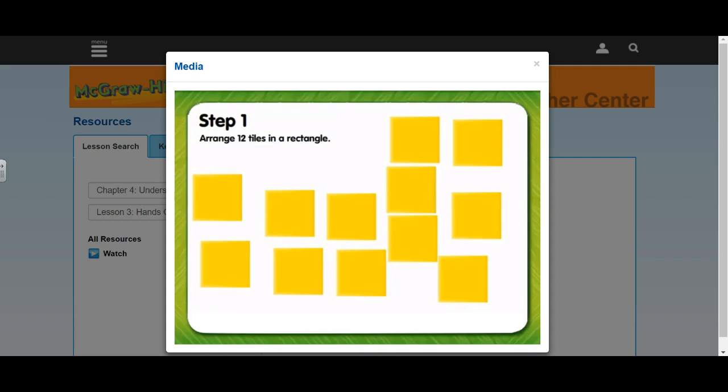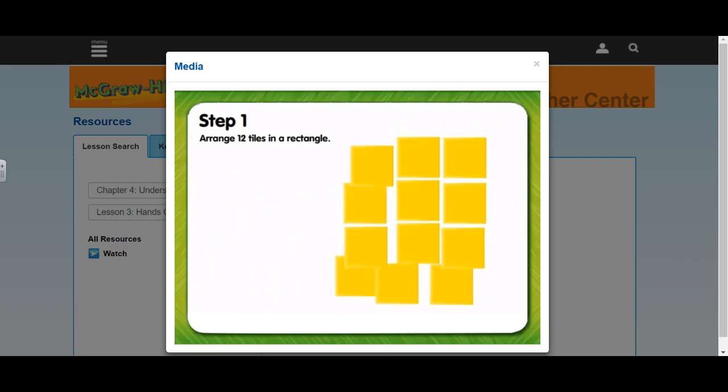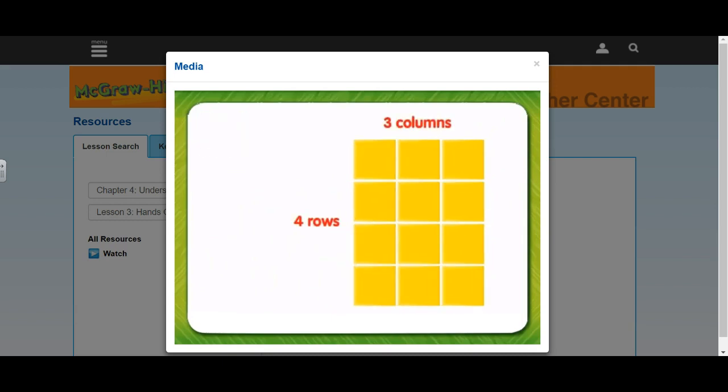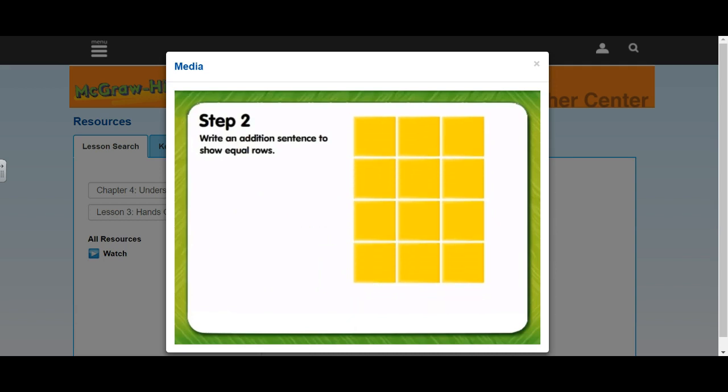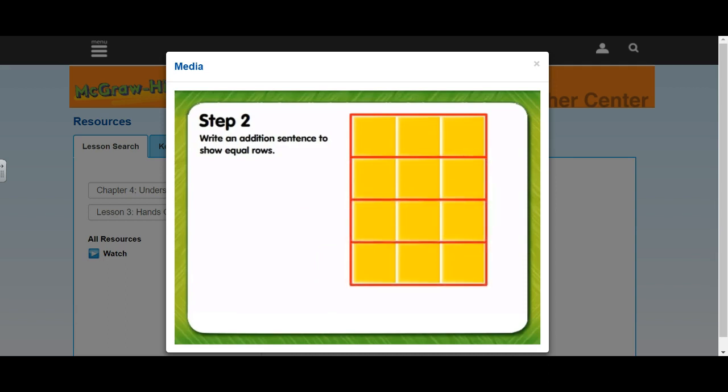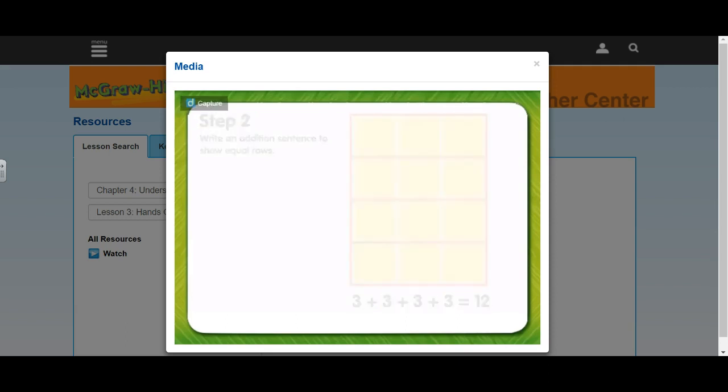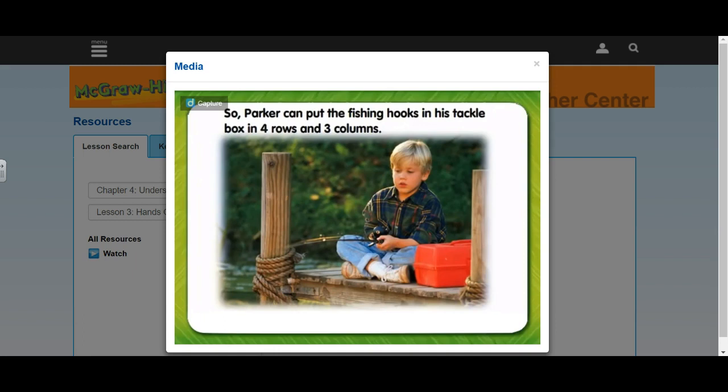We can arrange them in 4 rows and 3 columns. Next, write an addition sentence to show equal rows. There are 3 tiles in each row. Since there are 4 rows, we need to add 3 4 times. 3 plus 3 plus 3 plus 3 equals 12. So Parker can put the fishing hooks in his tackle box in 4 rows and 3 columns.